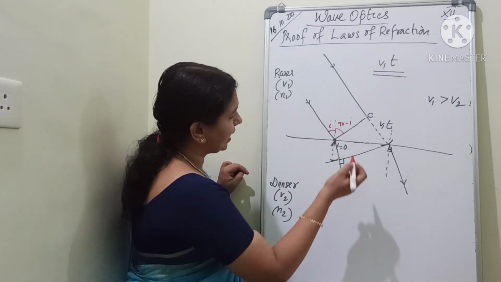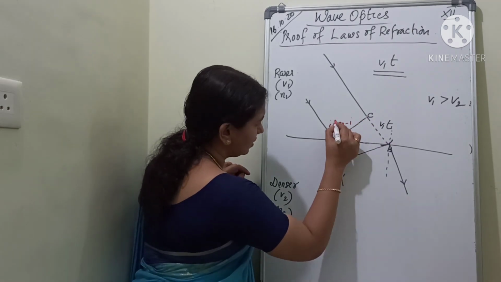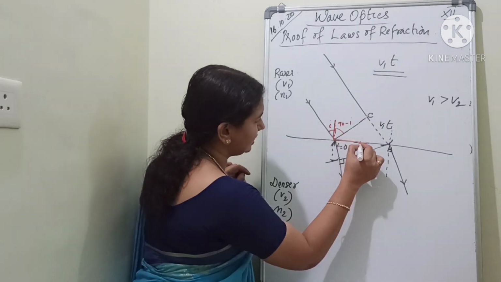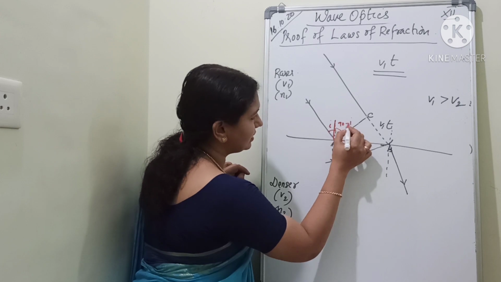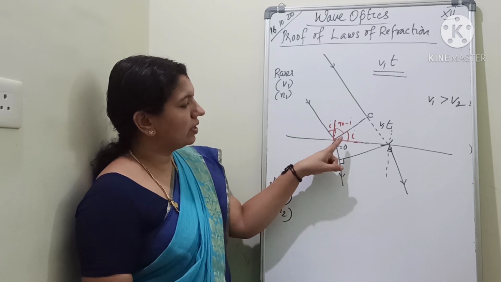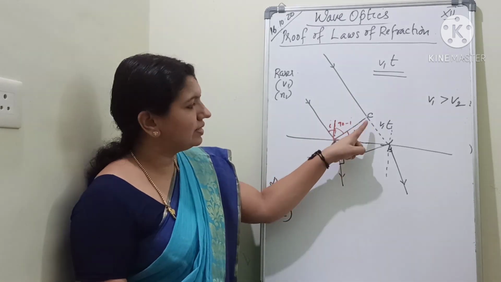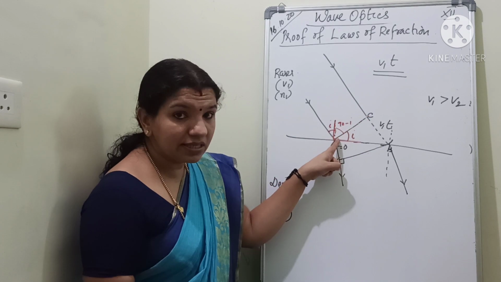I want to find the angle between the wavefront and the surface. If this is 90 minus i, this will be i. Clear?